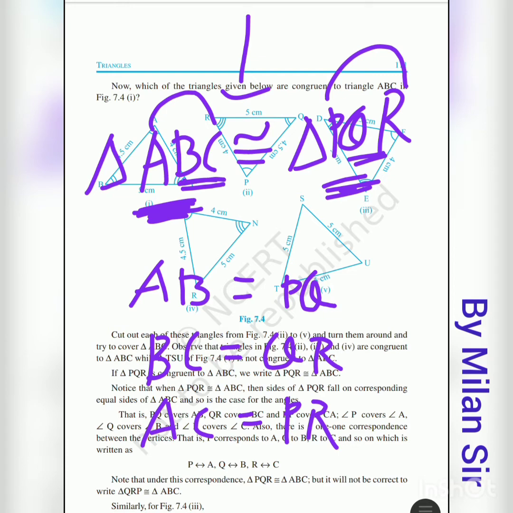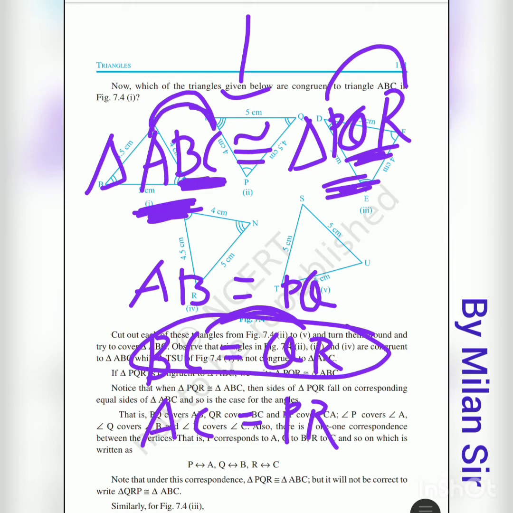In BC we have taken the second and third positions, so here too the second and third positions, QR. BC is equal to QR. These two parts are called corresponding parts. After that, AC, first and third positions, here too first and third positions. Corresponding parts are equal.